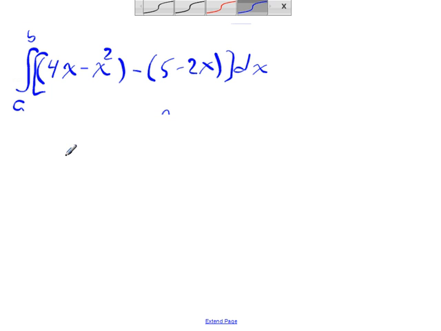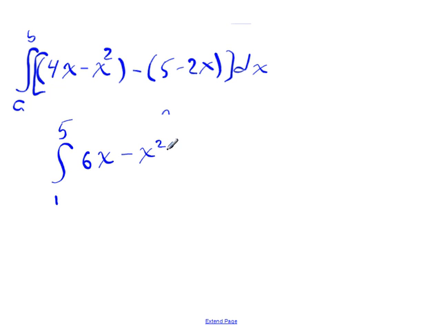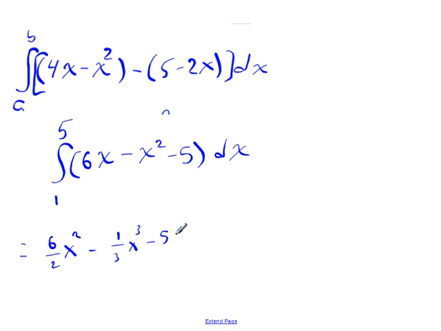So we know now that we're looking at the integral from 1 to 5. And simplifying this, you have 4x minus 2x, so 6x minus x squared minus 5 dx. And when we integrate that, we're going to get 6 over 2 x squared minus 1 over 3 x cubed minus 5x, and we're evaluating it from 1 to 5.